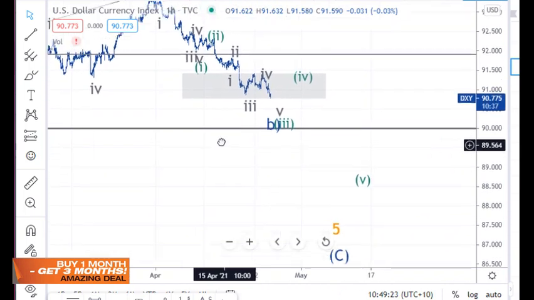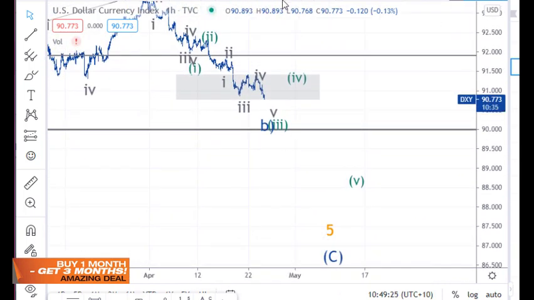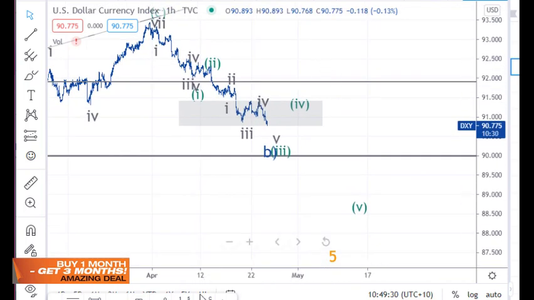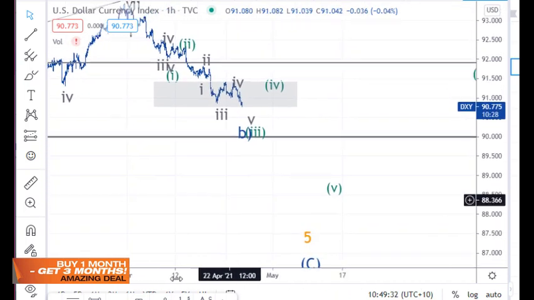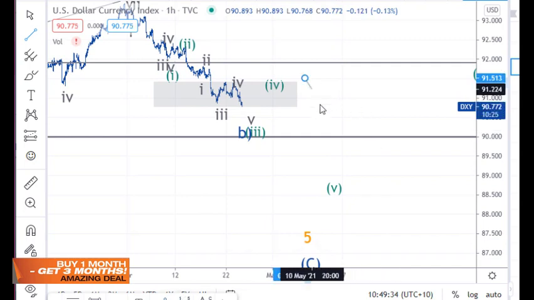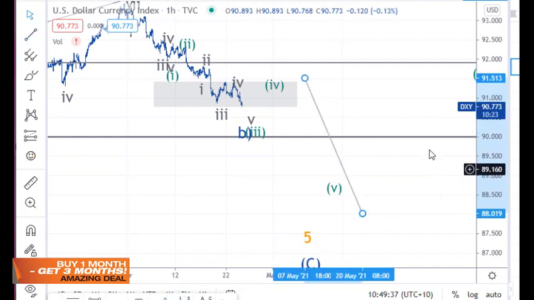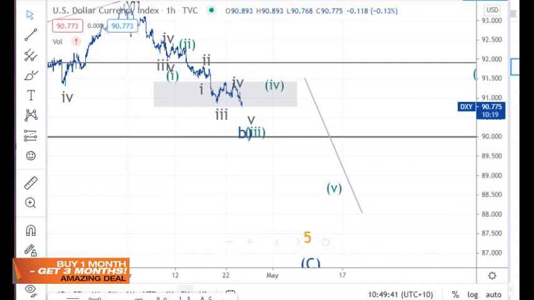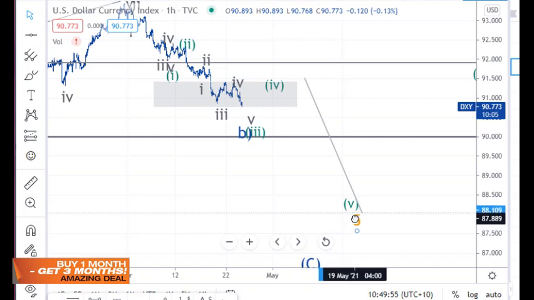I was thinking that this market would make its way down to 88 here for this low. Yeah, I thought we'd end up down at 88 here roughly.